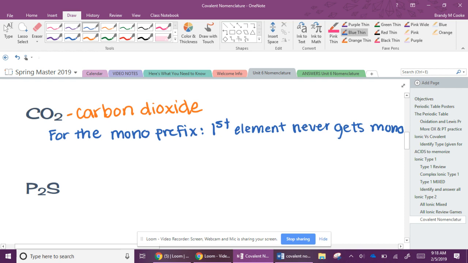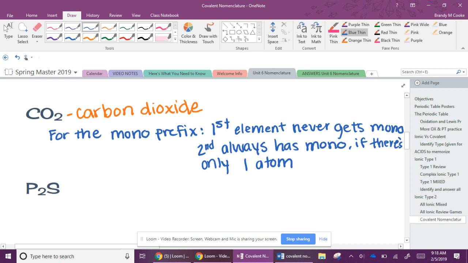And then the second element always gets mono, of course, if there's only one atom.